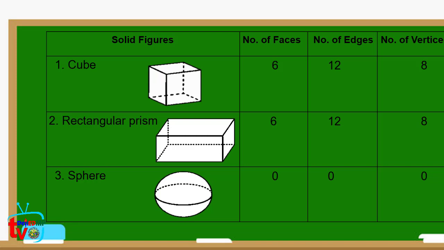Next here is a rectangular prism. It has 6 faces, 12 edges, and 8 vertices. Another one here is a sphere. It has no faces, no edges, and no vertices.